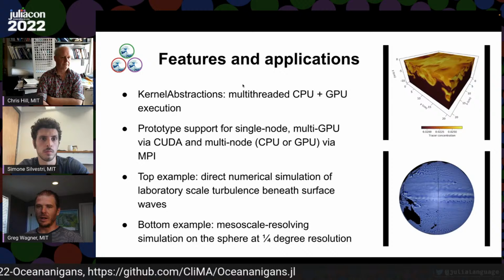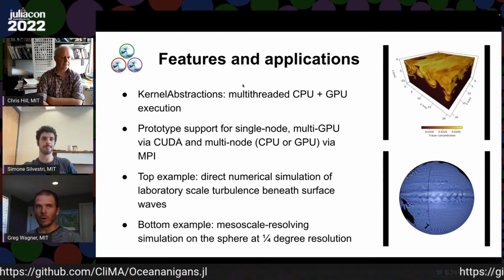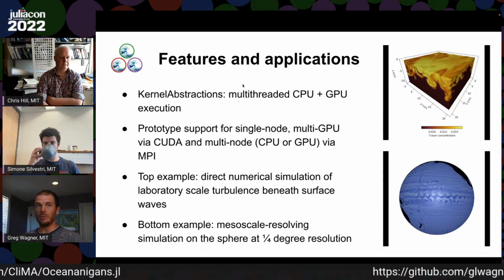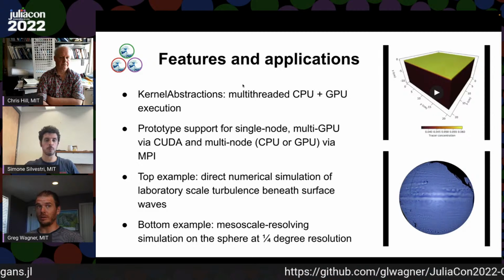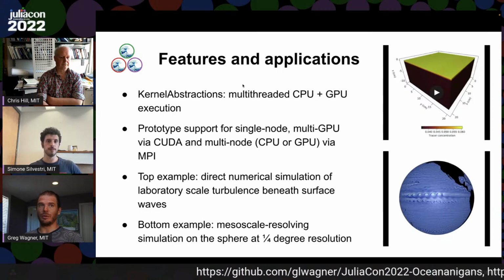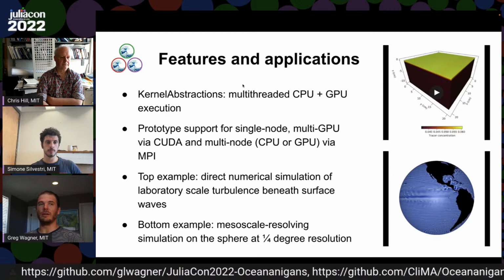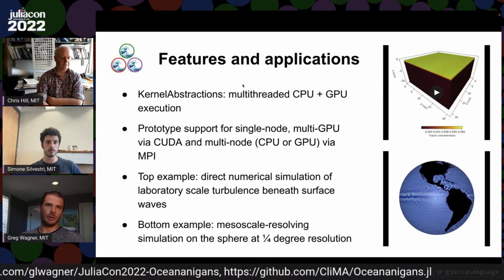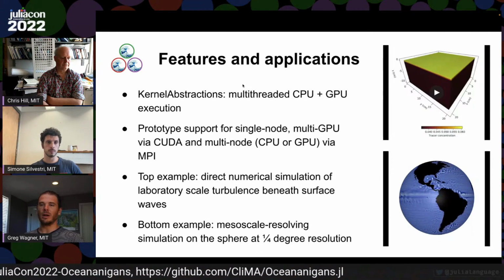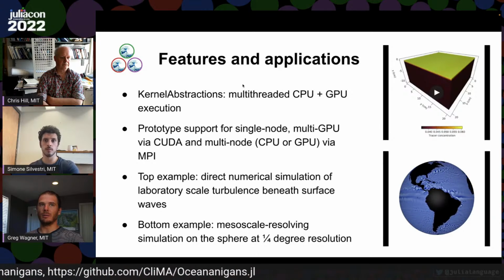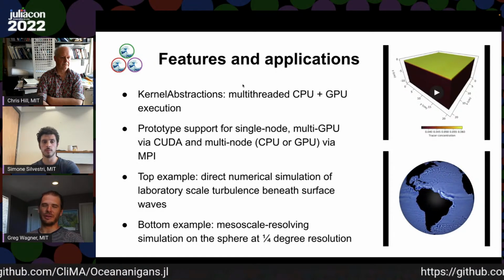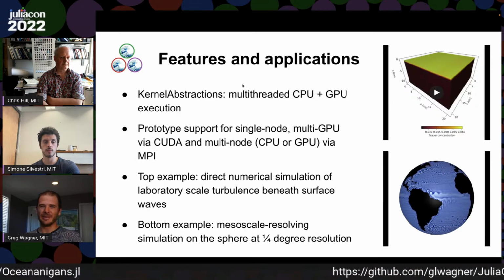We have prototype support for multi-GPU execution in a single process using some CUDA features, and also prototype support for multi-node execution. So that's distributed memory using MPI. But both of those are works in progress, and if you want to help out, please do.